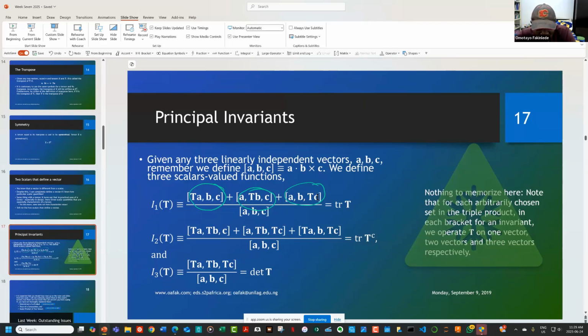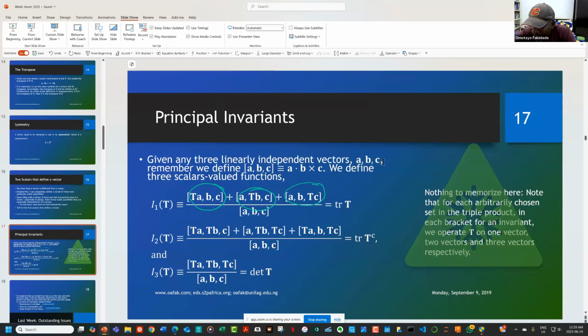When you divide the sum by the scalar triple product of the three vectors, you get a quantity called the trace of the tensor. That trace is the first principal invariant. It will give you the same value no matter what vectors A, B, and C you choose.